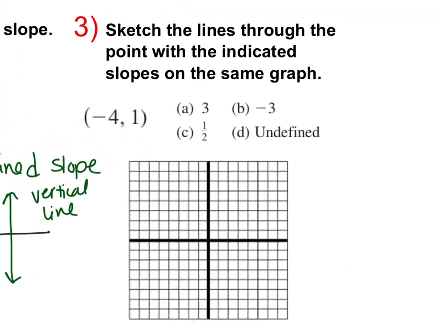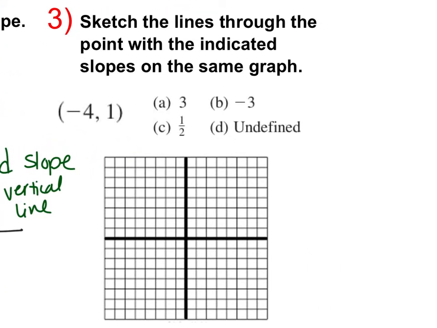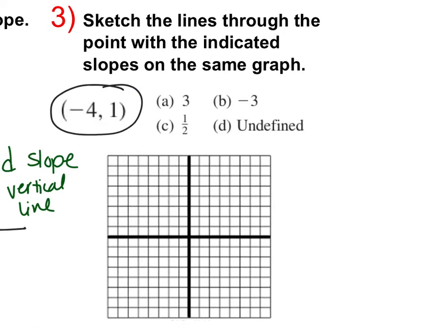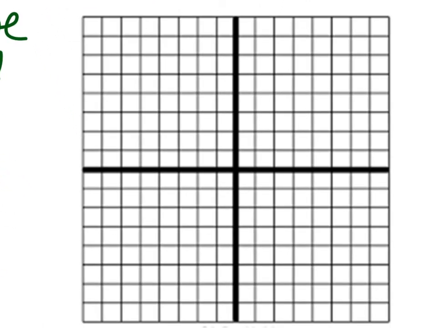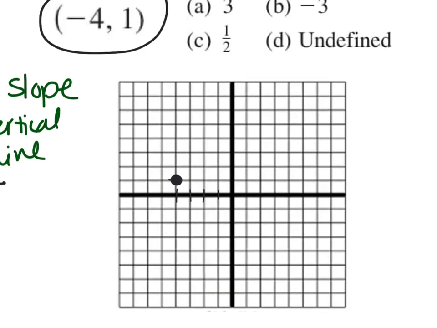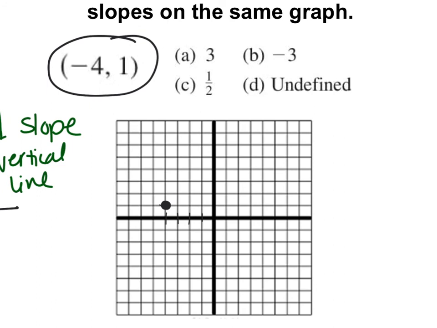Then number 3 is also one that I took from the book from your homework. Sketch the lines through the point with the indicated slopes on the same graph. So we're going to use the point -4, 1, and that's where we're going to start all of these. So from -4 up 1, that's the point we're going to reference for all of these slopes. And then because we have our iPads, we can color code.